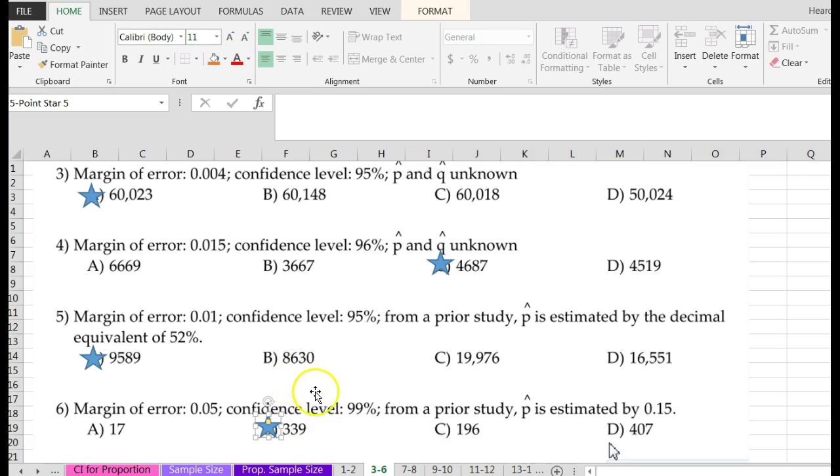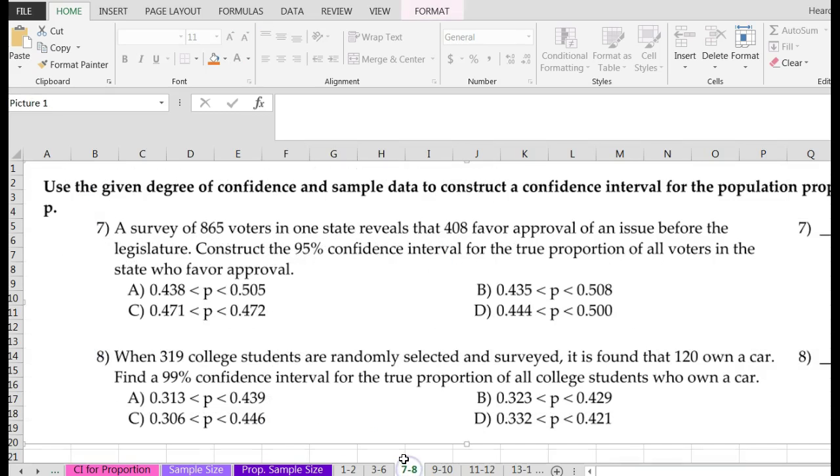All right, we've done proportion confidence intervals. Proportion sample sizes, let's see what 7 and 8 are. It says, use the given degree of confidence and sample data to construct a confidence interval for the population proportion. A survey of 865 in one state reveals that 408. So this is a proportion.